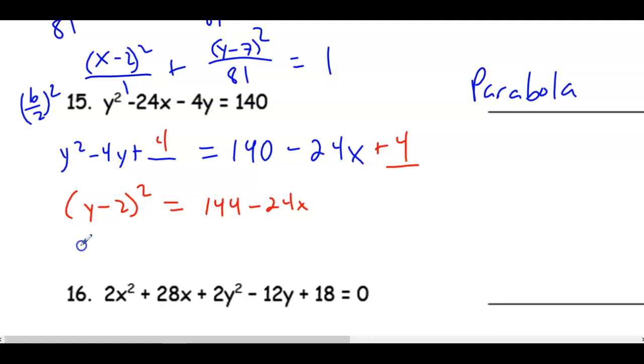So you have y minus 2 squared equals 24 times, well, I'm going to factor out negative 24. So that'll leave me with a positive x minus 6 right there. Negative 24 times negative 6 is positive 144. There we go, that's the standard equation.